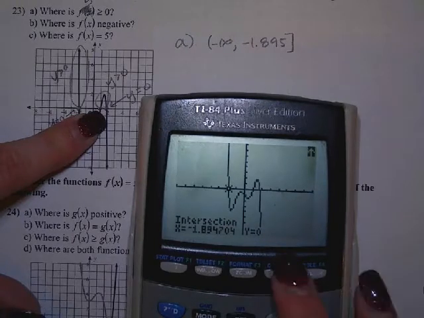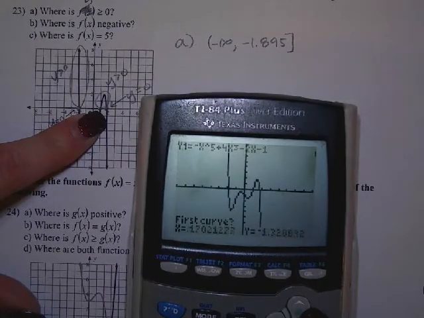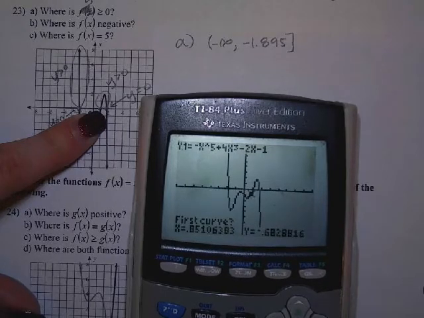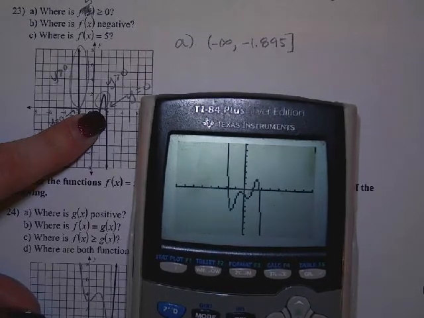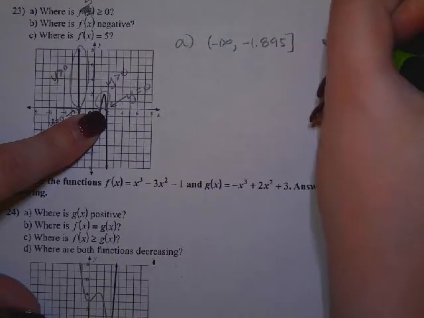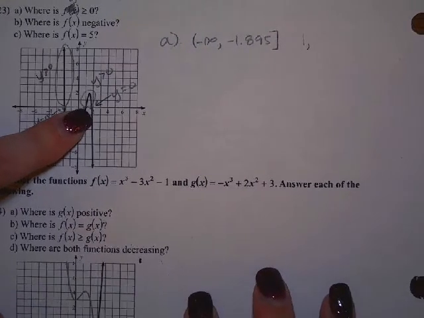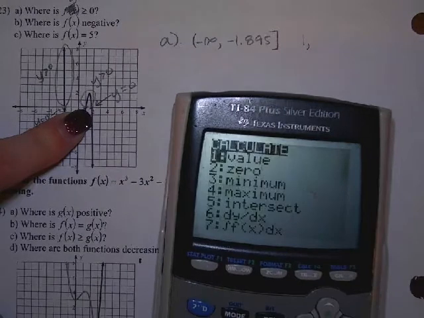I'm going to do second trace number 5 again, but I'm going to move it over to the next one. Press enter, enter, enter. That was just 1. Okay, so I'm going to start at 1. And then what do I do? Yeah, second trace 5, find the next one.